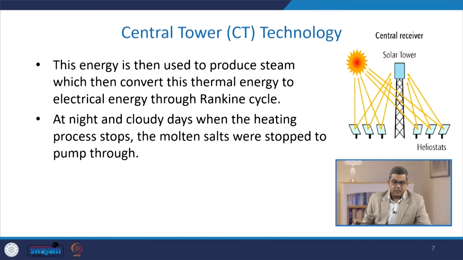The energy is then used to produce steam, which converts this thermal energy to electrical energy, and we have studied these various cycles; the foremost cycle in this particular aspect is the Rankine cycle.